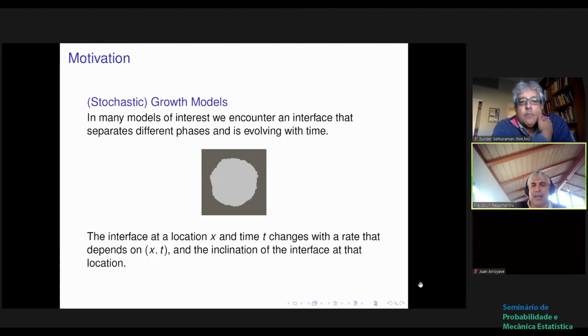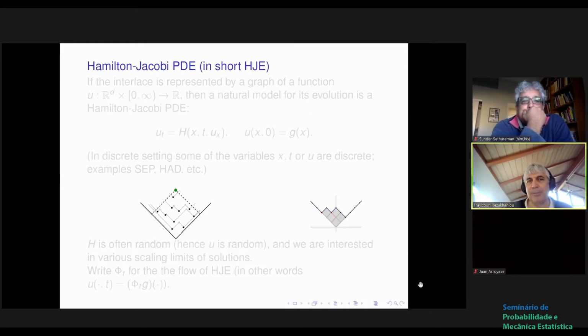And as is the case for many of the models we are interested in, the interface at x and time t changes with a rate that depends on the position, on the time, and the inclination of the interface at that location. And it turns out that as a first approximation, one way to model such a stochastic growth model would be a Hamilton-Jacobi PDE.